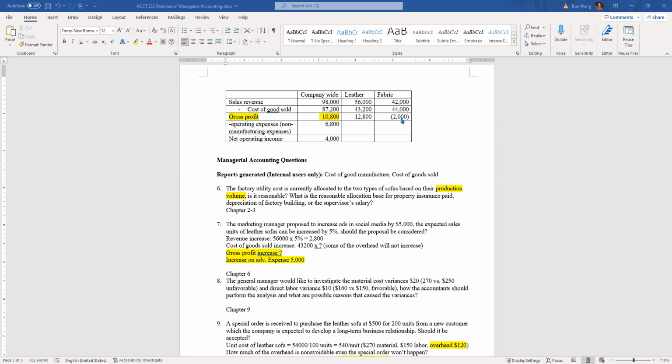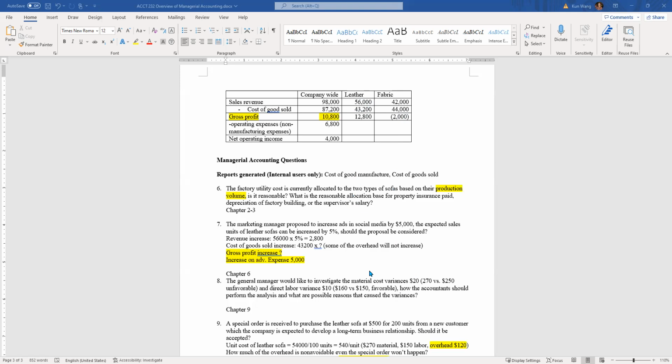So we are losing $2,000 for August and probably a few months before. If you stop the fabric line, we can use the equipment or resources to focus on the leather sofa. But in that case, you will narrow down the product variety of customer choices.